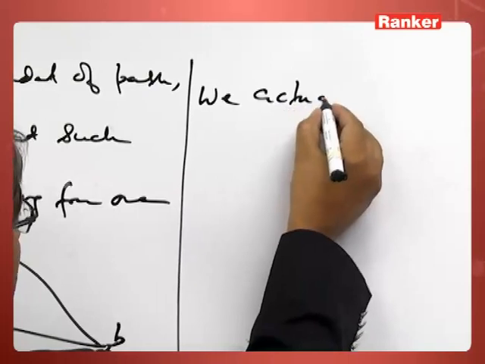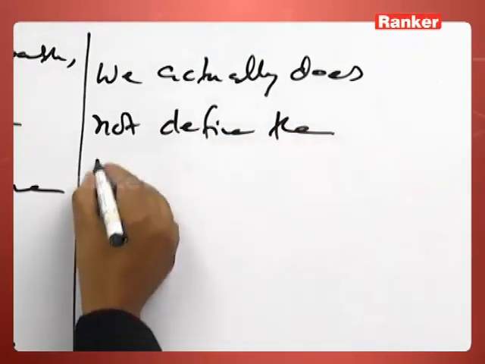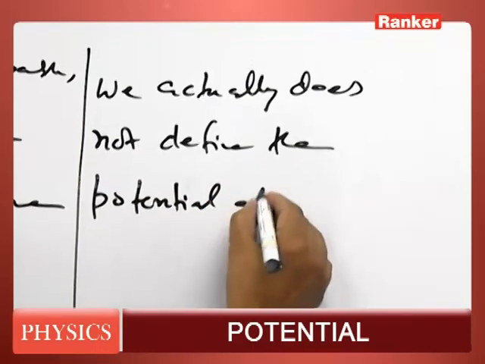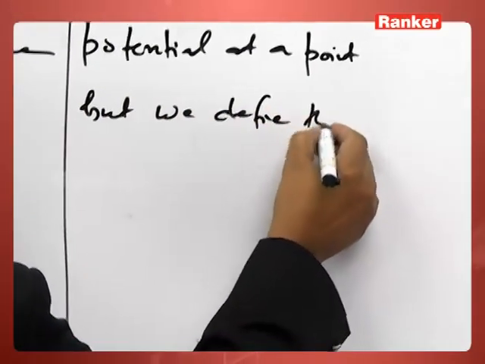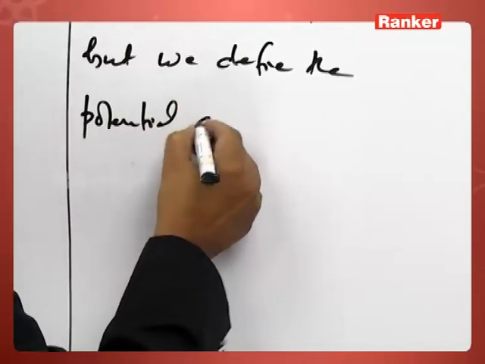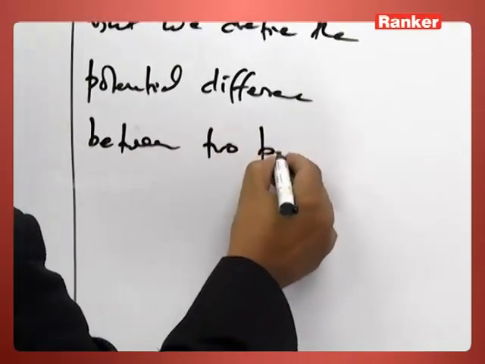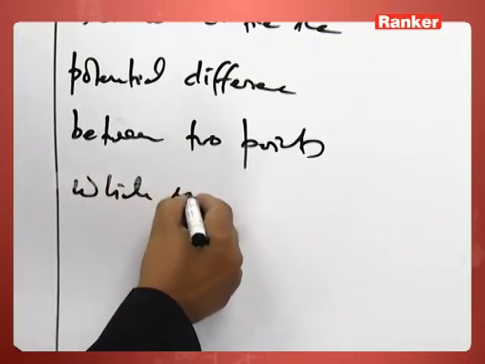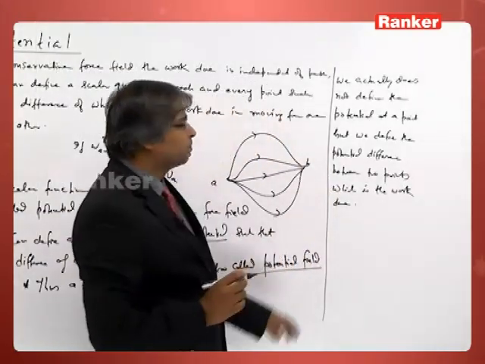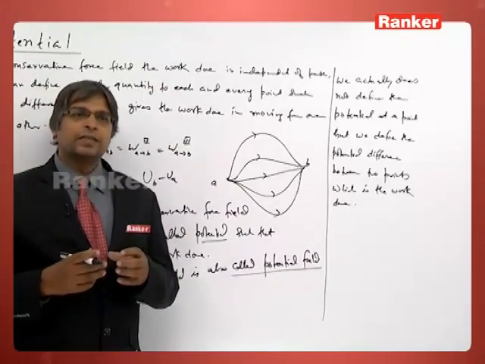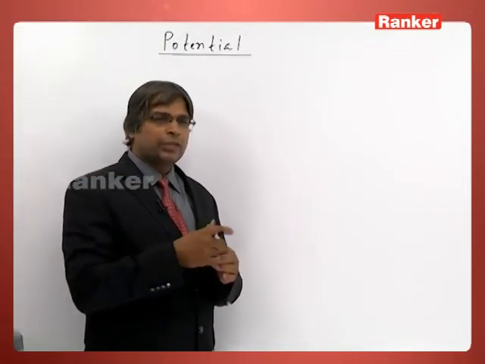We actually do not define the potential at a point, but we define the potential difference between 2 points, which is the work done between the 2 points. So potential is not actually defined, but potential difference is defined.